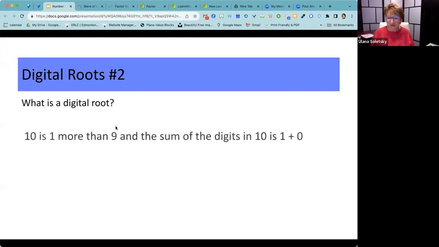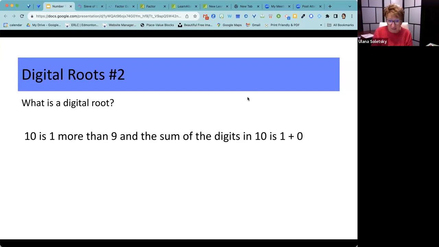Here it is. What is it? I actually have a session where I spent an entire hour on digital roots, which I will not have time to do here, but I just want to tell you what it is, and we would experiment. What you do is you remove from the number all the groups of 9, and whatever the leftover is, is the digital root.